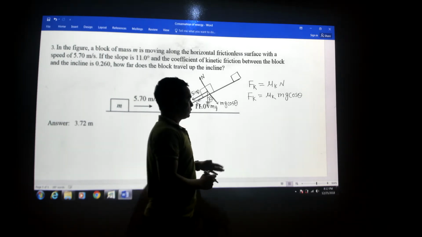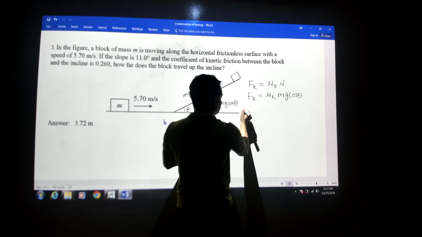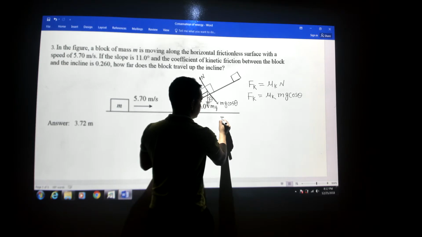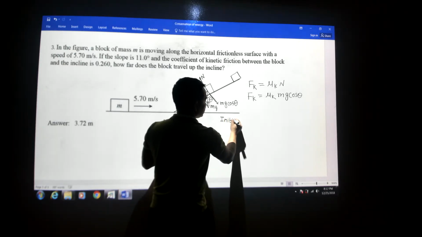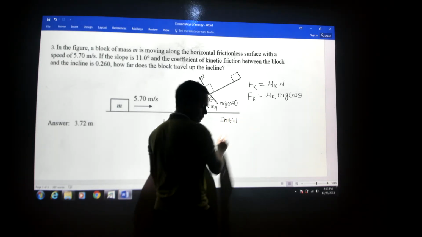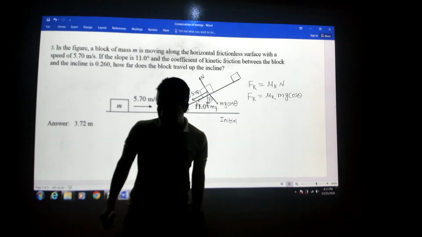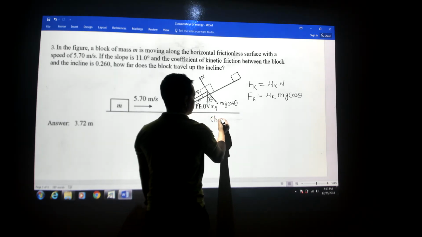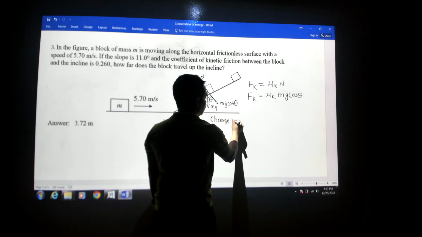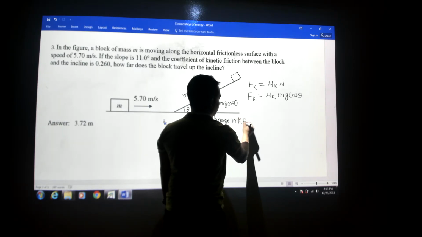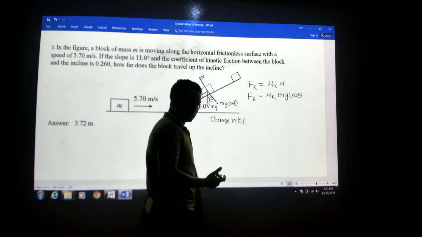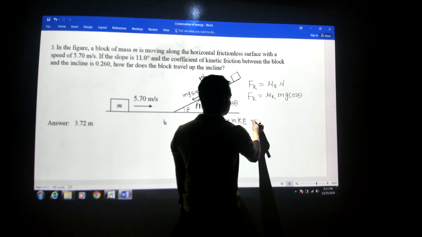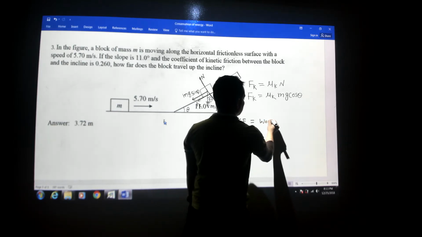Now the change in kinetic energy. This is from the work-energy relationship. The change in kinetic energy is equal to the work done.